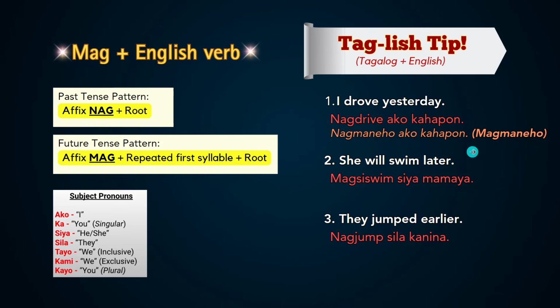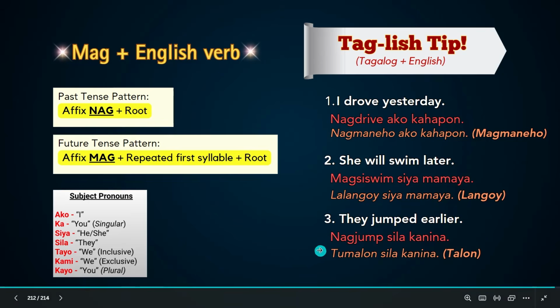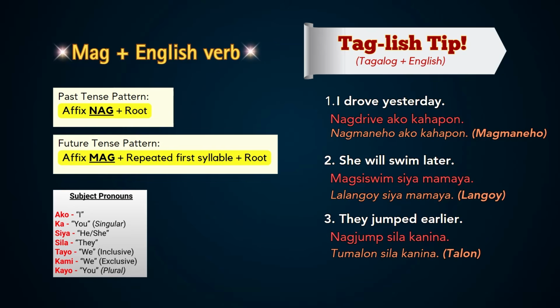Nagmaneho ako kahapon. To swim is langoy. So this would be lalangoy siya mamaya. Langoy is an um verb. So lalangoy siya mamaya. And then lastly, talon. Talon means to jump. So tumalon sila kanina. It's also an um verb.